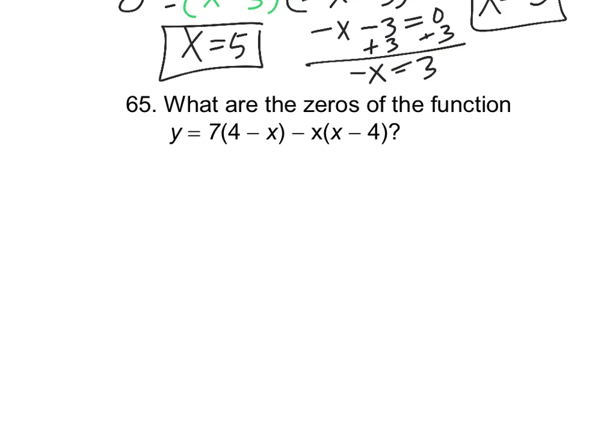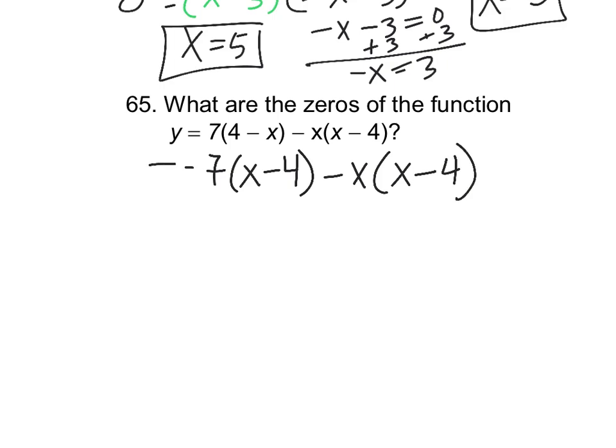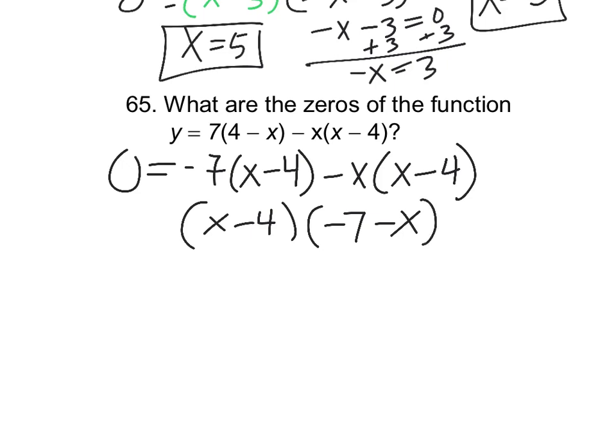Okay, we are going to try that again. So we're going to change this to a negative 7, flip this around, keep this one the same because I already have the x, and then the minus 4, I have the letter first. The whole thing will turn into a 0. Those two parentheses are matching, so I'm going to write it once, and then I have negative 7 minus x, and all of that equals 0. So my first one is x equals 4.